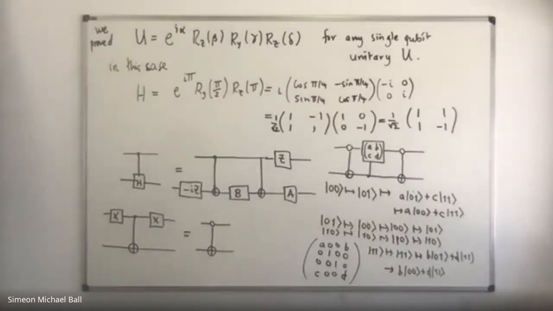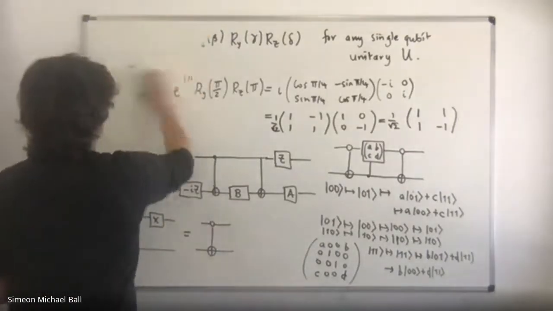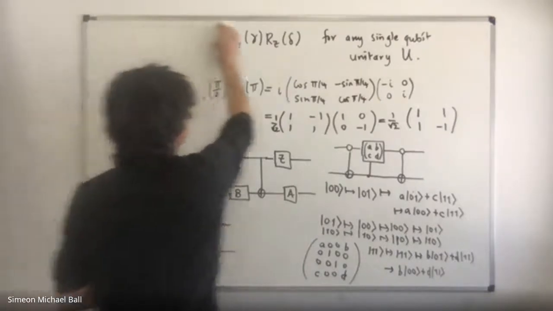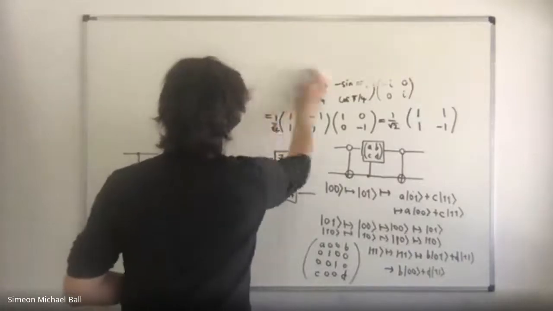All right, so now we're going to see a slightly more difficult case. Let's try and do the same thing now, but let's imagine that we have a 3-qubit system. How would we go about implementing a 2-level unitary operator?